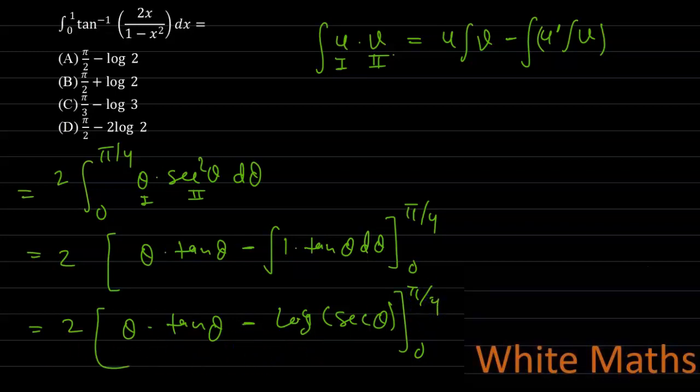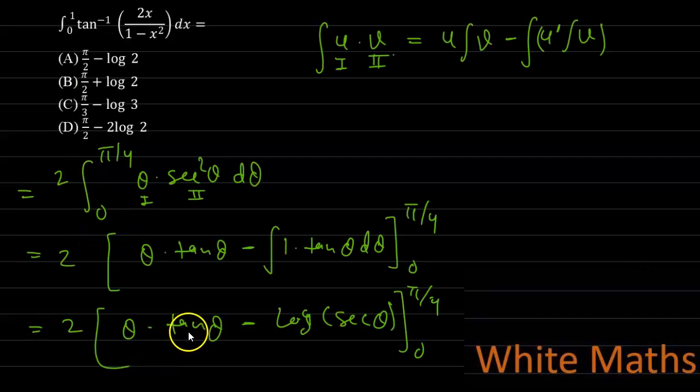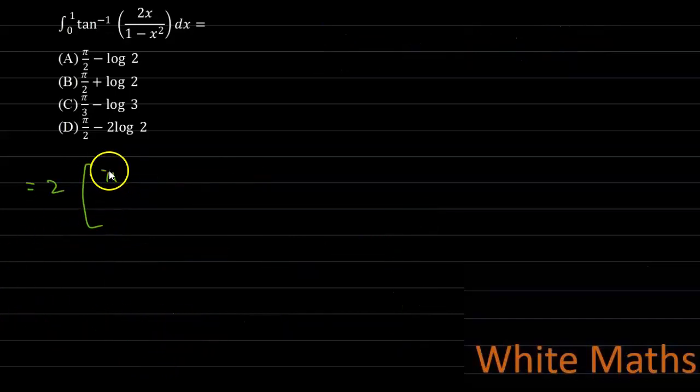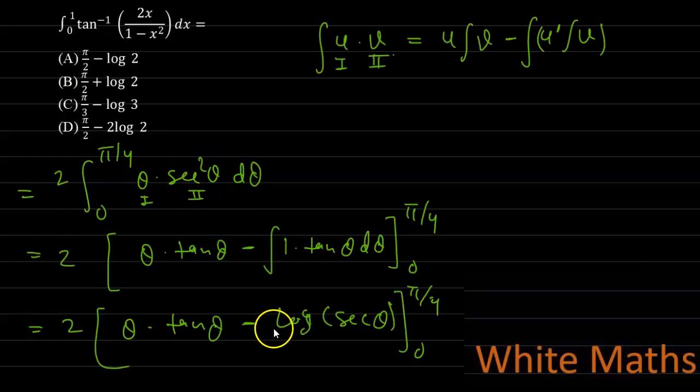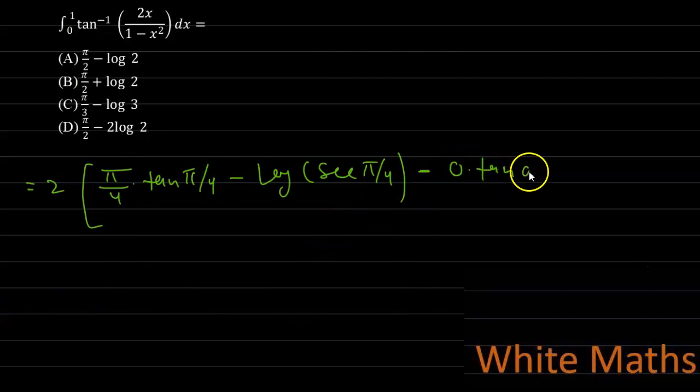On substituting the limits, we will get 2 times pi by 4 multiplied by tan pi by 4, minus log sec pi by 4, minus 0 times tan 0, minus of minus log sec 0.